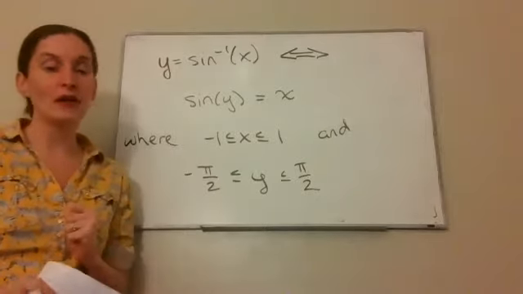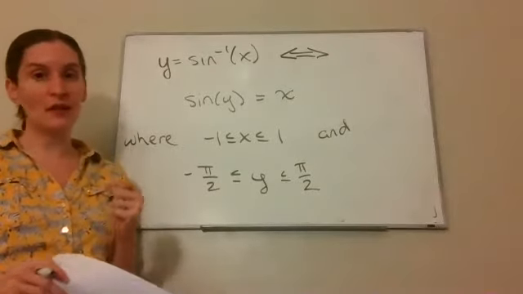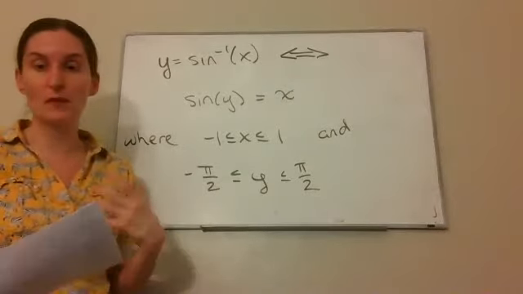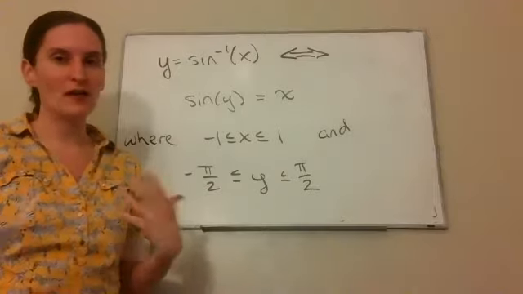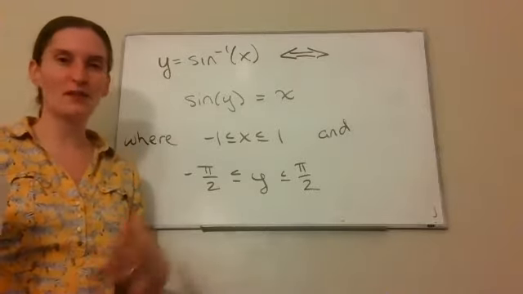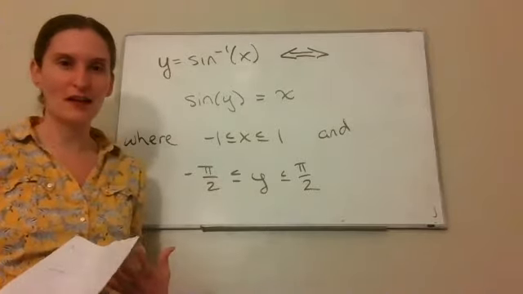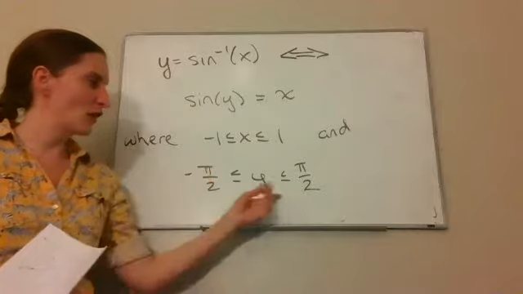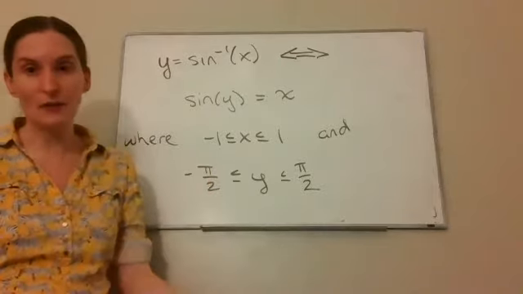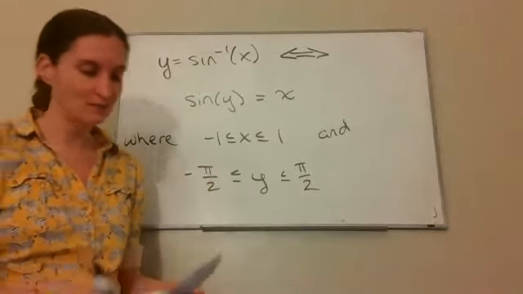So the input values are between -1 and 1 because our sine function goes between -1 and 1. So the range of sine becomes the domain of inverse sine. And the domain of our restricted sine is now the range of our inverse sine.